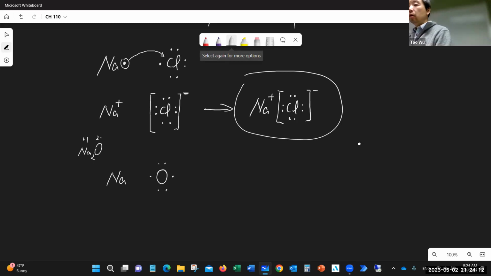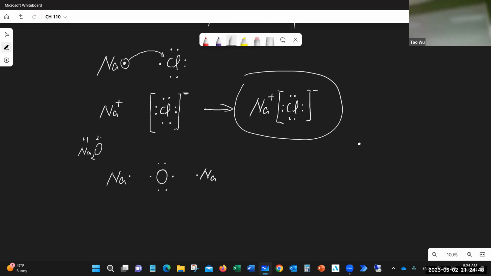We have 2 sodiums, and each sodium has 1 single dot. The very interesting thing is that elements with a single dot, this single dot is very, very active. They try to be paired. I'm not sure whether you're actively finding your pair, but the electrons are actively finding their pairs.